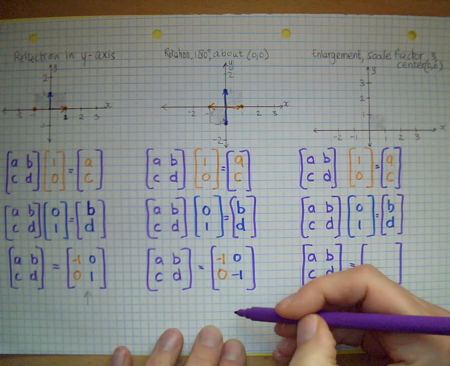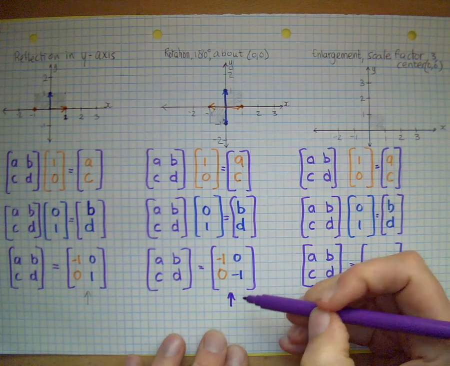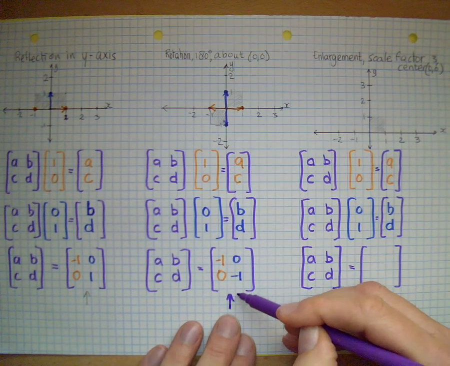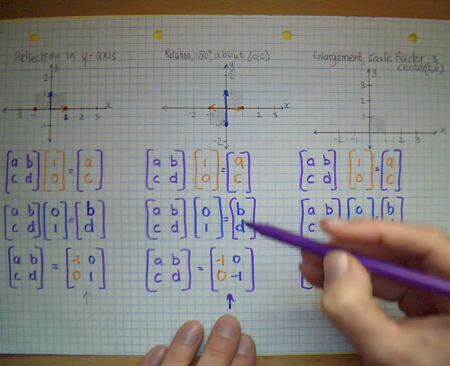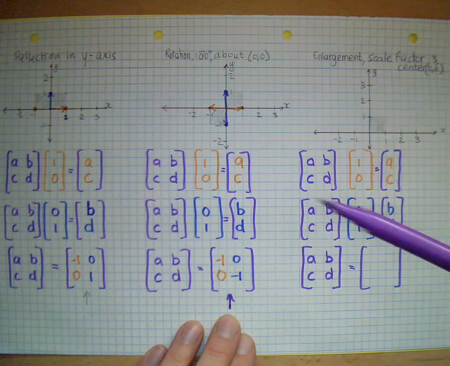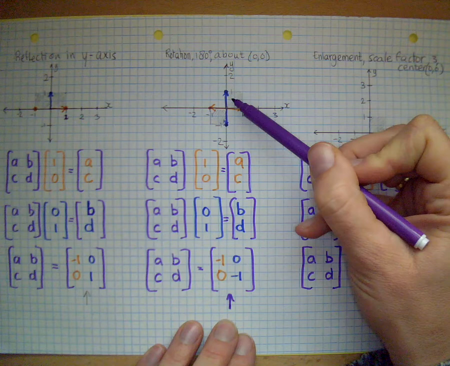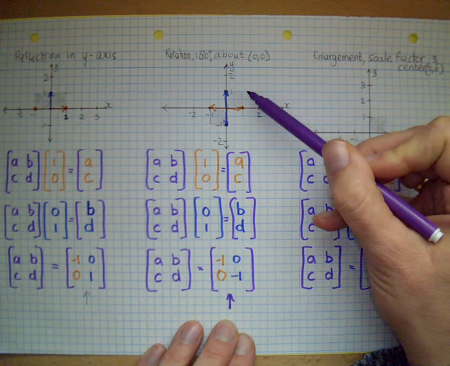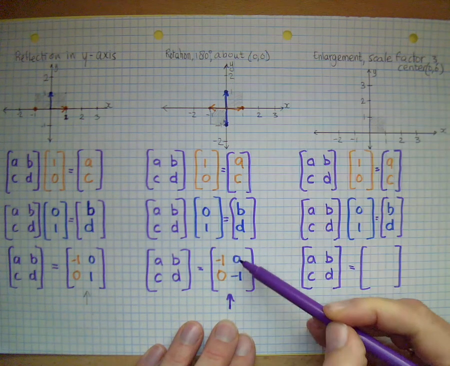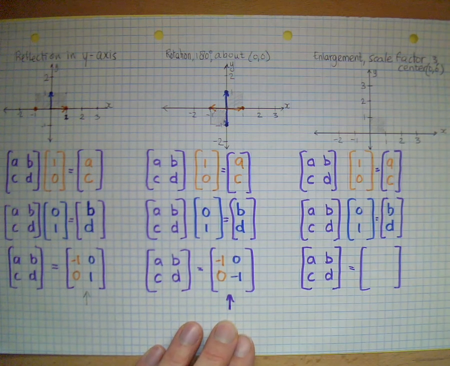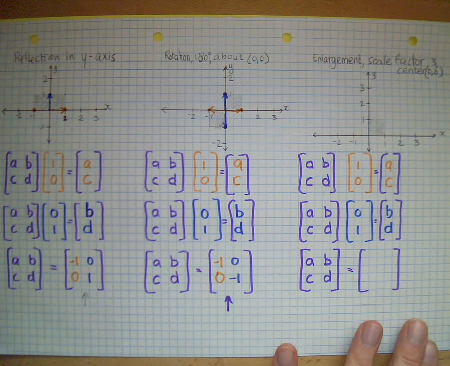So this transformation matrix changes a vector by rotating it 180 degrees about the origin. So even if we had a triangle here or a circle, applying this transformation matrix to it rotates it 180 degrees. Awesome.